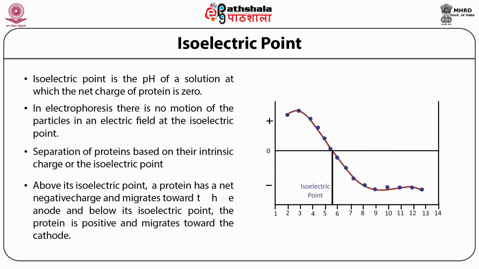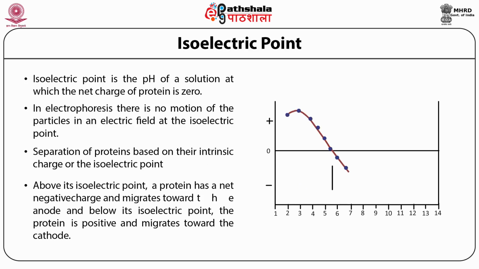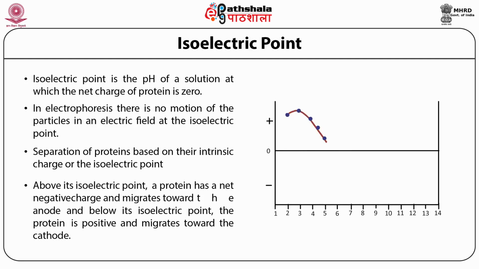Below its isoelectric point, the protein on the IPG strip is positively charged and will migrate towards the cathode. As the migration takes place, the charge decreases, and finally when they reach a point where the net charge is 0, they continue to stay. This way, proteins, irrespective of where they are on the IPG strip, will focus to one particular point on the strip, and therefore it is called isoelectric focusing.